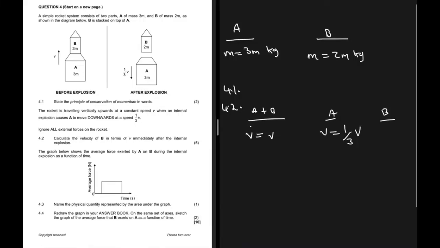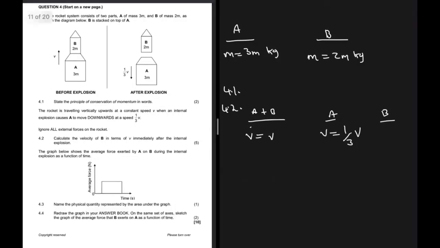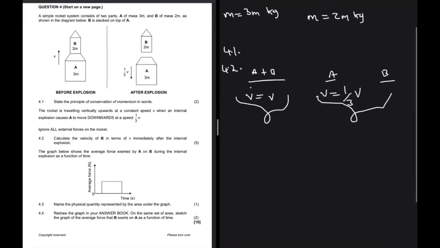So this is our scenario before the explosion, and then this is what we have after the explosion. So the momentum before is supposed to be equal to the momentum after.